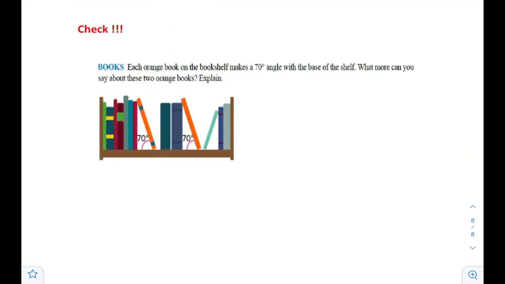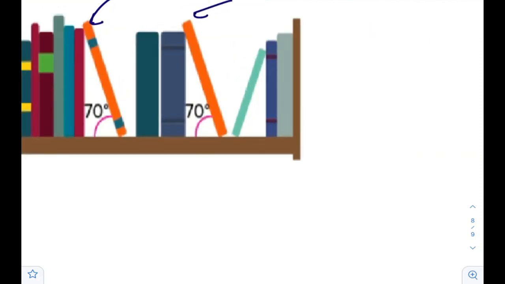Let's check our understanding. Last example. Each orange book, the orange book is this one, makes a 70 degrees angle with the base of the shelf. What more can you say about these two orange books? As you see here, these orange books form corresponding angles and they are congruent.